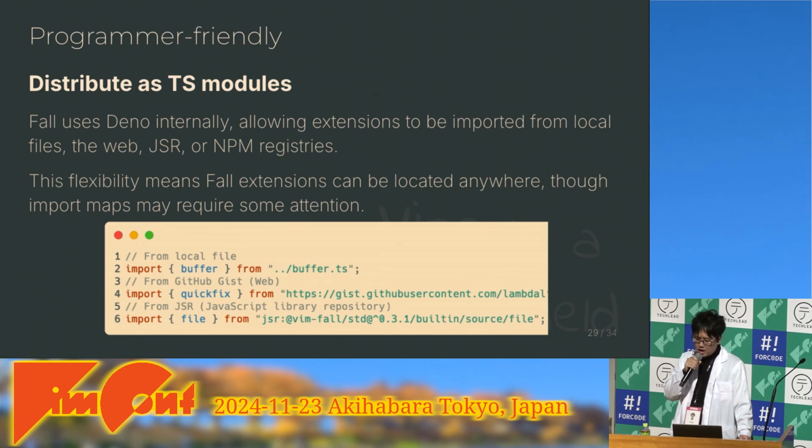Since Fall adopted TypeScript to provide a better user experience, it would be a shame to miss out on those advantages for external extensions. For this reason, Fall extensions are distributed as standard TypeScript modules instead. We already prepared the JSR packages for the community, so we are excited to see your contributions as well.